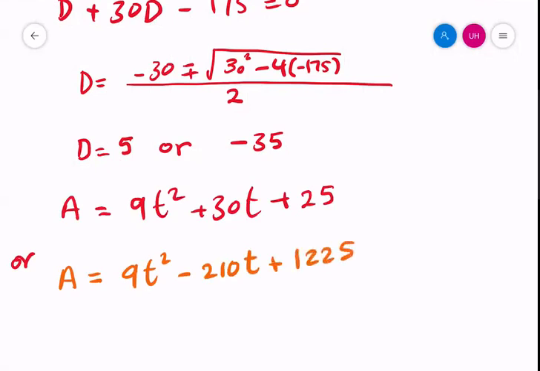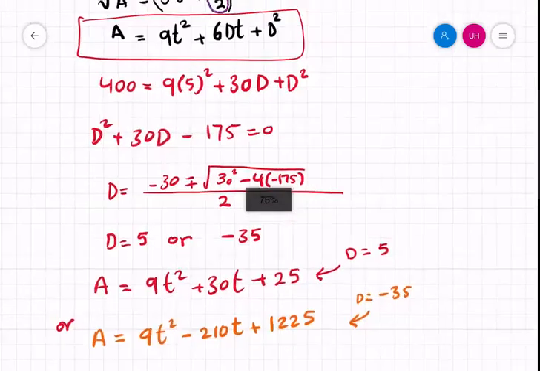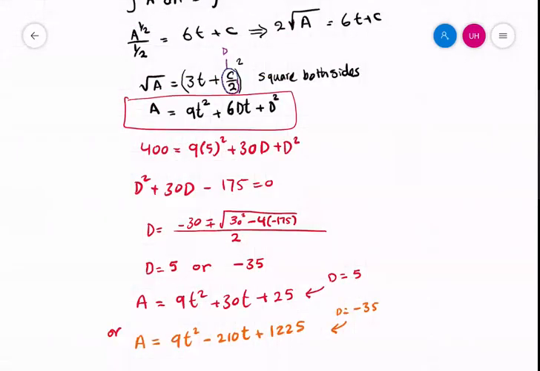That's when d is minus 35, and the first is when d equals 5. So that was question 2A.